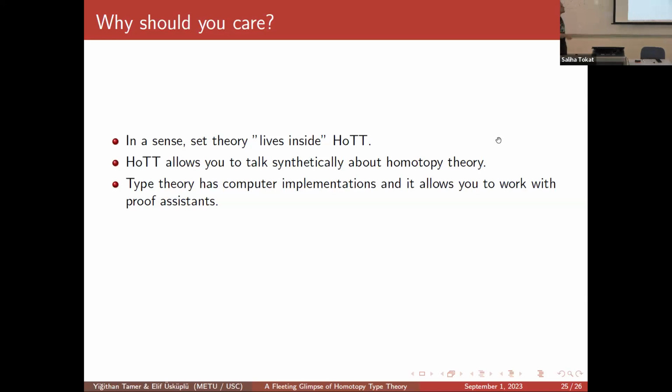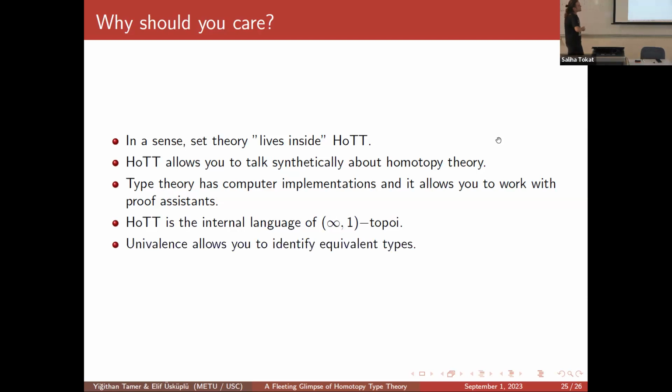I don't think it works with set theory at all because it's not constructive set theory. I don't know a word about infinity-one topoi, but if you do, good for you, because there's something called an internal language of a topos, and HoTT is basically the internal language of infinity-one topoi. And maybe somebody here can tell me what that means.